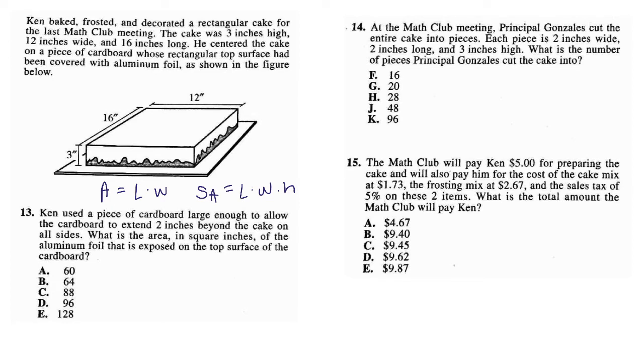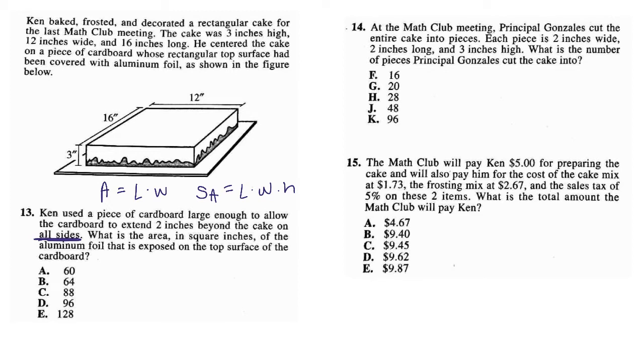And notice here that Ken used a piece of cardboard large enough to allow for the cardboard to extend 2 inches beyond the cake on all sides. Make sure you notice it says all sides because that's where this problem is usually missed. What is the area in square inches of the aluminum foil that is exposed?